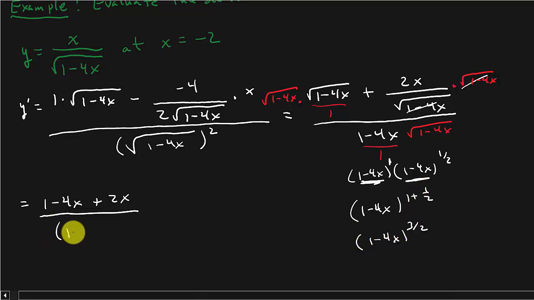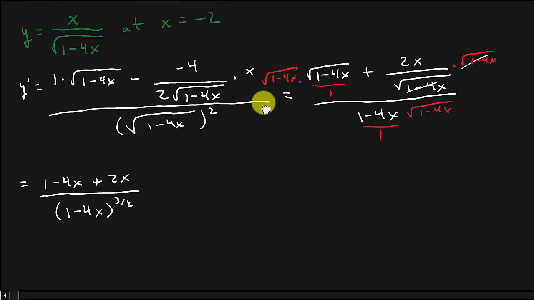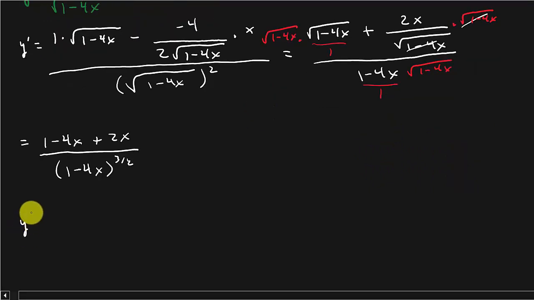So that's over 1 minus 4x to the 3/2. All right. Remember, when you're multiplying, you have like bases, you add the exponents. And so now I have y prime is equal to 1 minus 2x over 1 minus 4x to the 3/2.